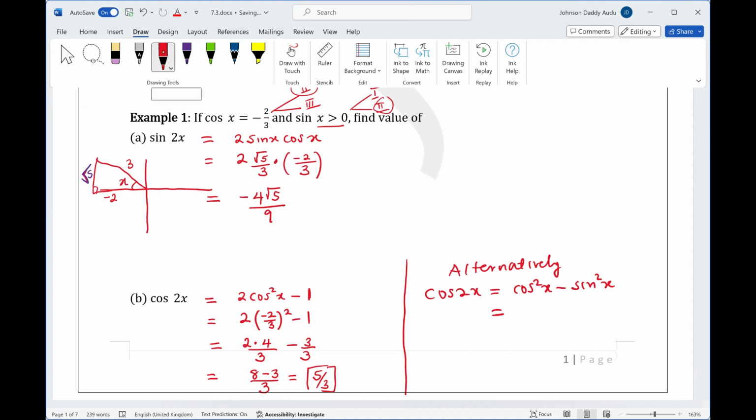Cos is already known as minus 2 over 3, whole squared, minus sine x. We know what sine x is. We can easily get sine x from here, which is root 5 over 3, opposite over hypotenuse, whole squared.